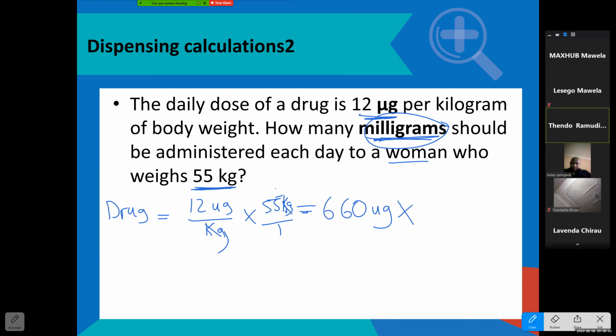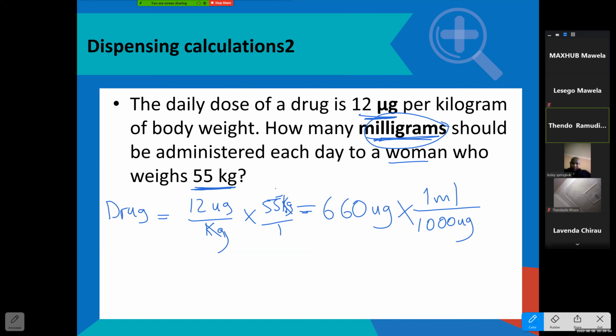Who knows? I think you must multiply by 1,000. There is 1,000 there, but are we multiplying or not? So if you look at it there, for every 1 milligram, there is 1,000 micrograms.